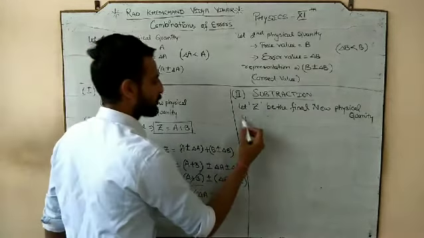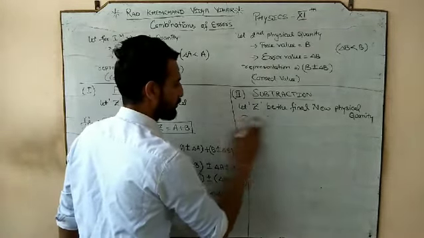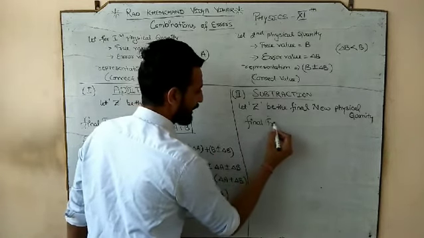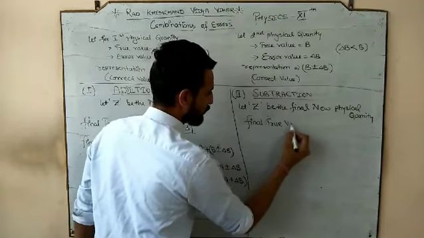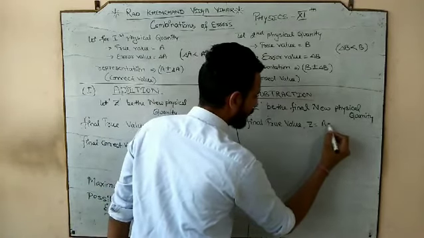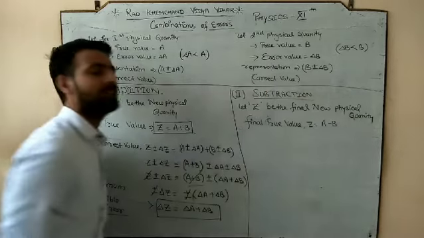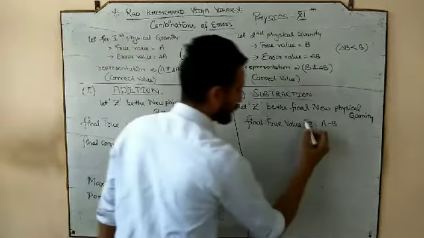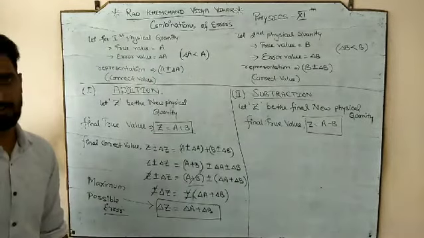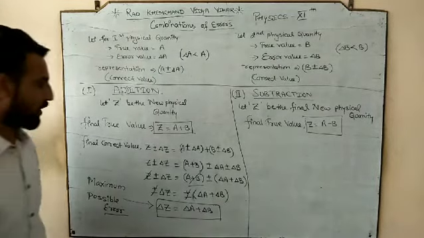So what is the true value? Let it be written as the final true value. So final true value Z is equal to A minus B. It means the true value is going to be performed in a subtraction manner. So that will be our subtraction.